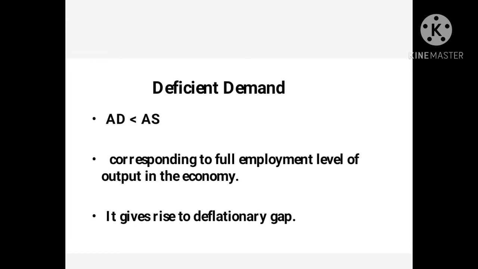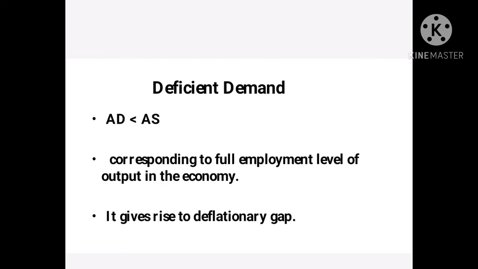Aggregate demand, aggregate supply being perfectly elastic, it converges with aggregate demand at a lower level of output, lower than the full employment level of output in the economy. This is the situation of underemployment equilibrium. In this, aggregate demand required is more than aggregate demand actual.